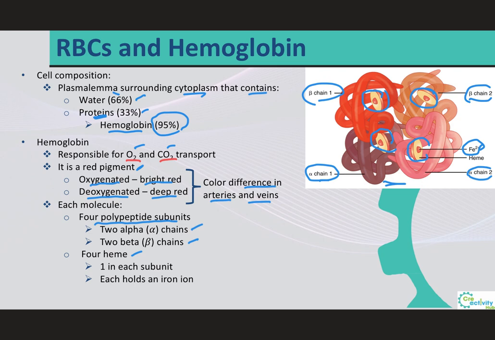In addition, hemoglobin also carries about 23% of the carbon dioxide that's transported in the blood. Carbon dioxide will bind to amino acids of the globin subunits rather than competing with the oxygen for binding with the iron. And the binding of carbon dioxide to globin subunits is just as reversible as the binding of oxygen to heme.